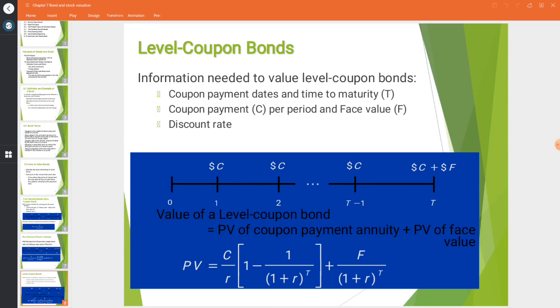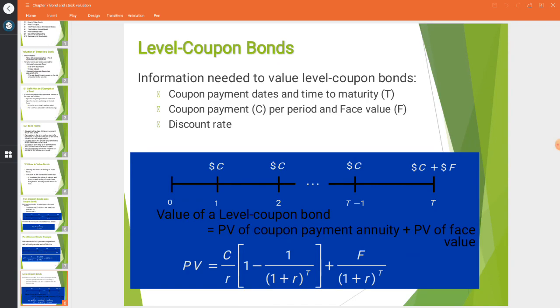This coupon could be daily, weekly, monthly, quarterly, semi-annual, or annual or yearly. In general, the most common type of coupon is the semi-annual coupon bond.